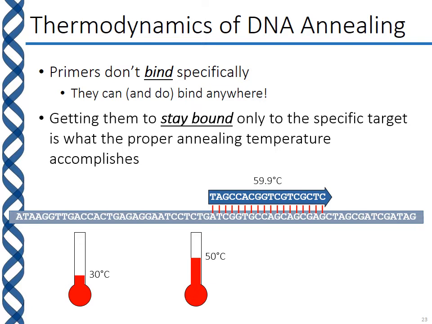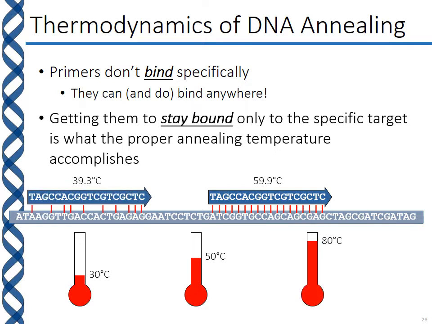However, here at the location where this remaining primer is bound, not all of those hydrogen bonds were broken, so the primer stays bound and is able to form the primer that allows for the synthesis of the downstream DNA.